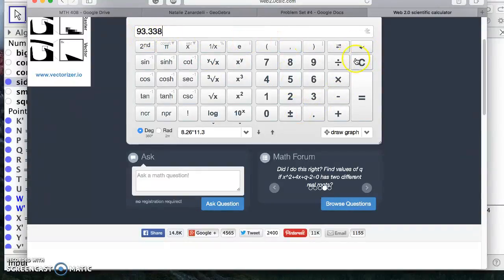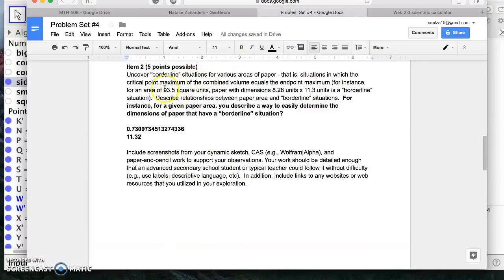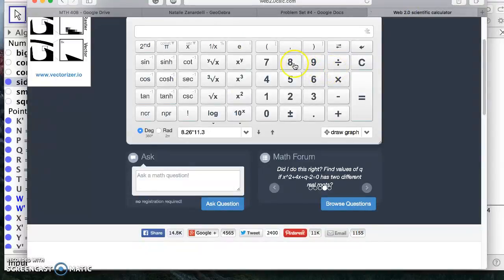But I notice that if we go within 0.02 of each one, then we get roughly the same square units as we got here. So if I did 8.28 rather than 8.26 times 11.3, then we get roughly the value of the square units of the area.